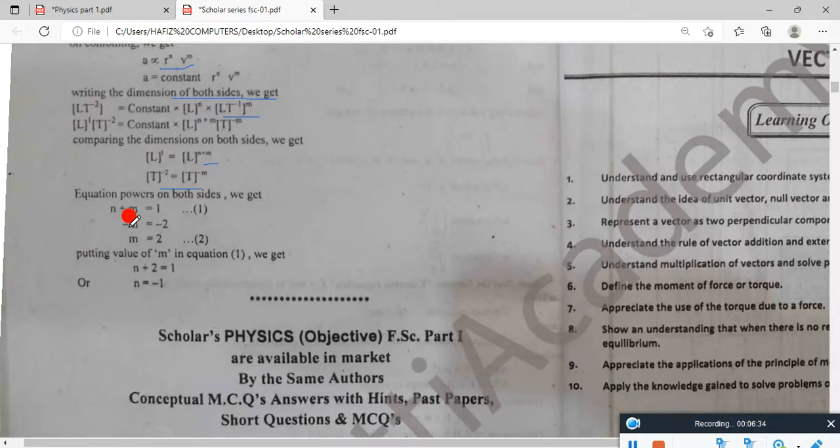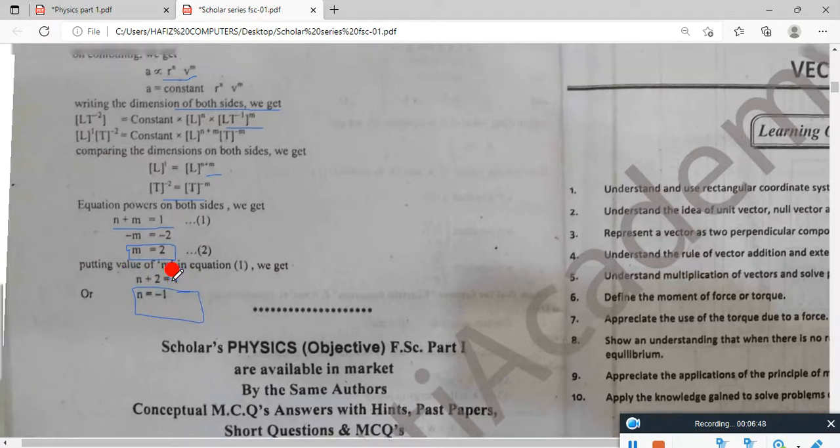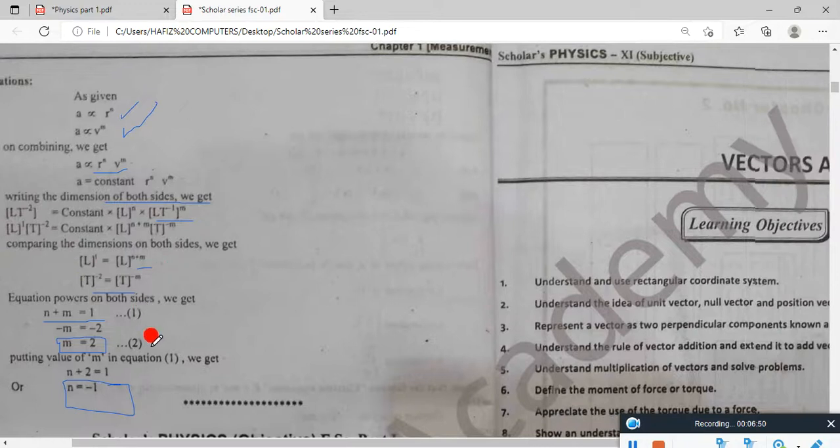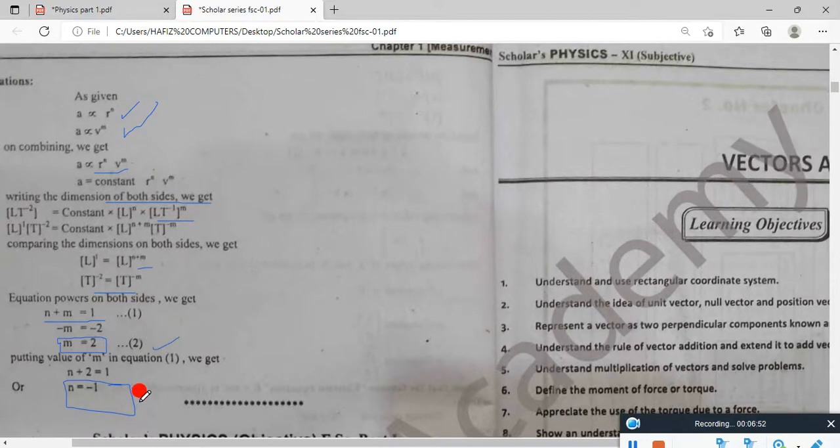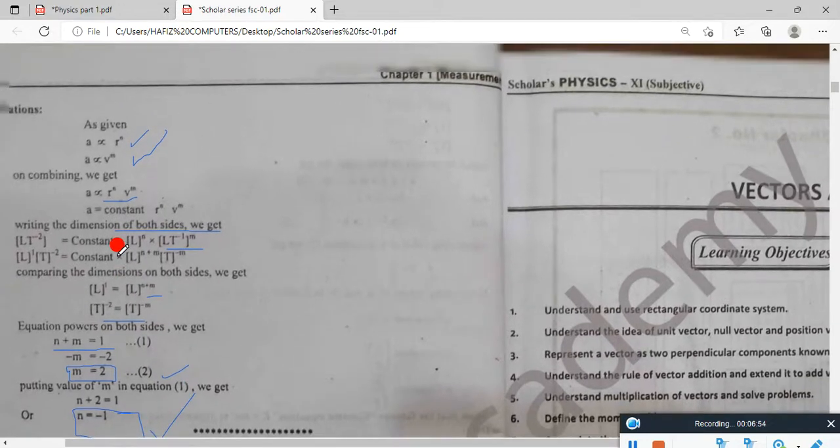Equating powers on both sides, n + m = 1 and m = 2. Putting the value of m in equation 1, we get n = -1. So with these values of m and n, we can find the formula.